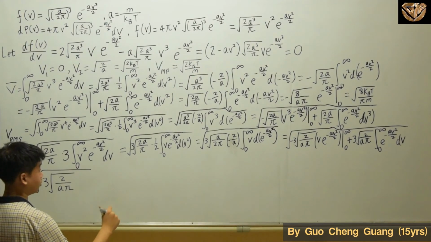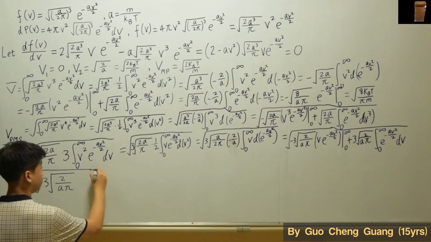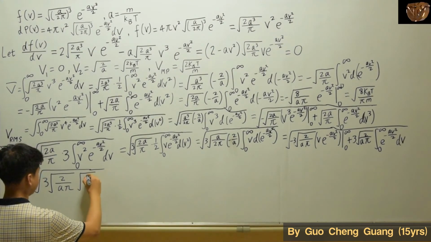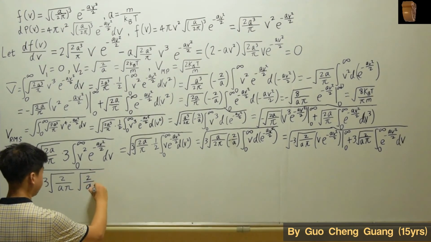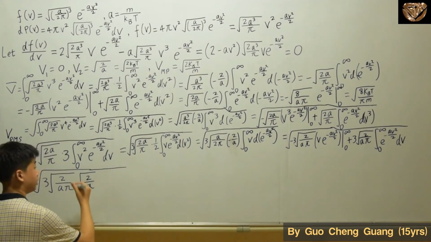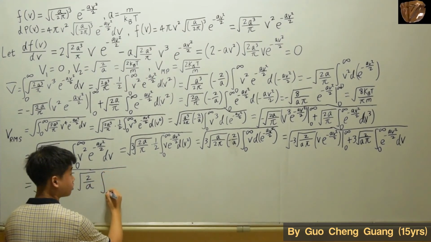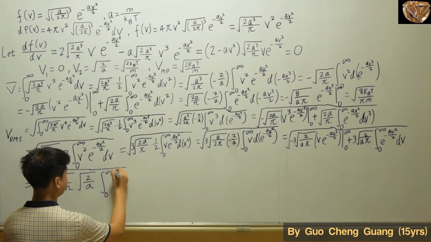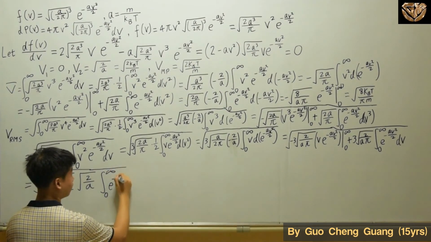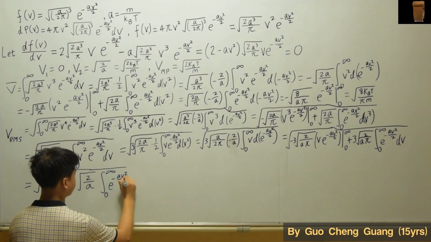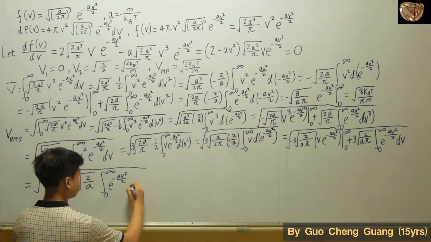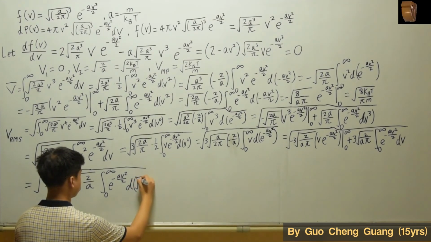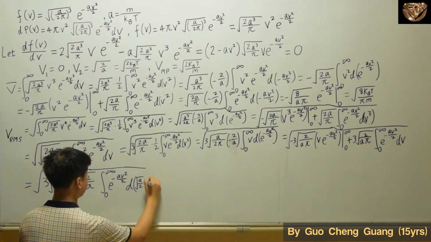So v, you're going to have square root, since that's a over 2, so 2 over a, and integrate from 0 to infinity e to the power of negative av square over 2 d square root a over 2 v.